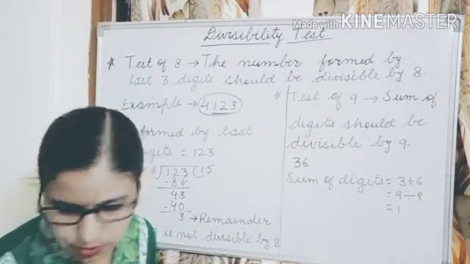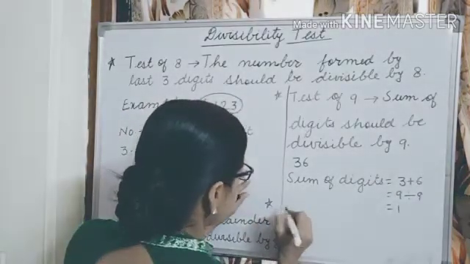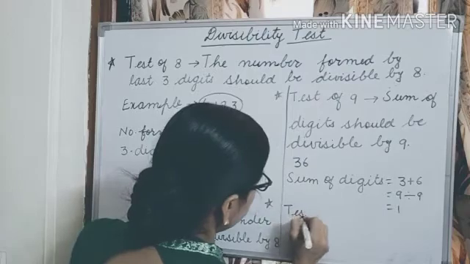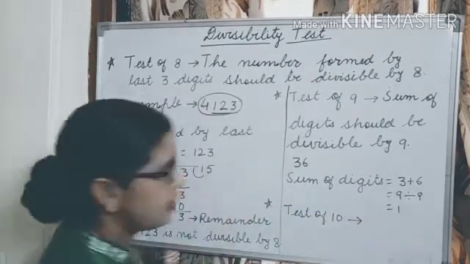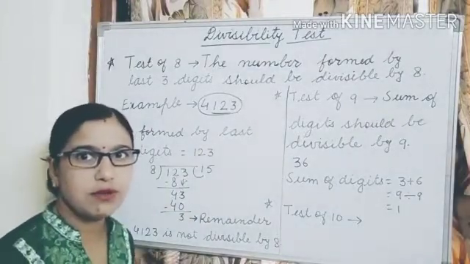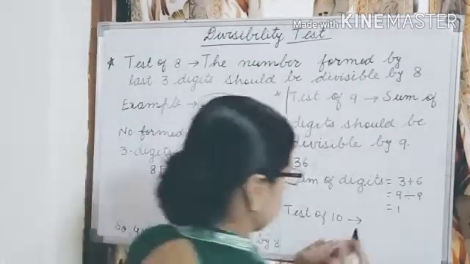Now we are going to do the test for 10. Test of 10. For 10, what do you have to check? You have to check the digit at the ones place.